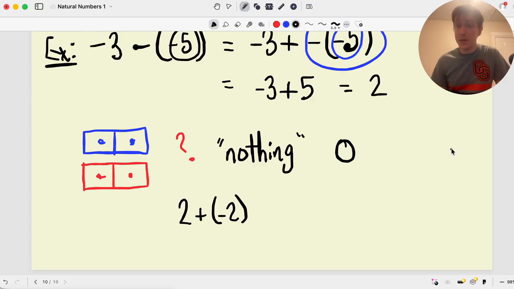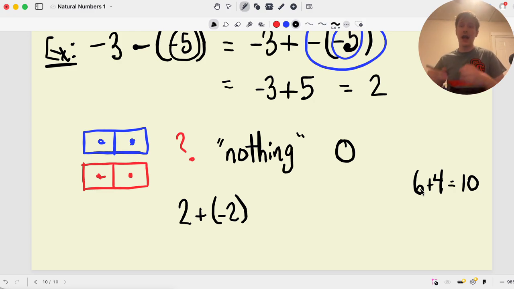Remember that with natural numbers, anytime you took one natural number plus another, you had to end up with a natural number. We even saw that with blue and red dots: in most of the cases we considered, we either had more blue dots or more red dots. So with the natural numbers and their inverses, we still, for the most part, had this containment idea. It's called closure.